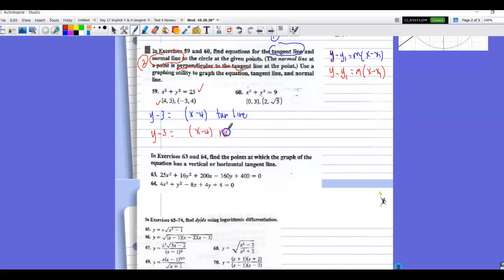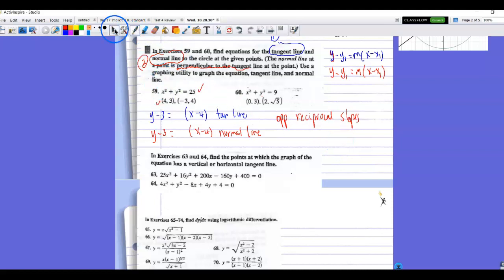Now remember, perpendicular lines have opposite, meaning change the sign, reciprocal, meaning flip, slopes. So once I find the slope of the tangent line, I will almost already have the slope of the normal line because it's opposite reciprocal slopes.